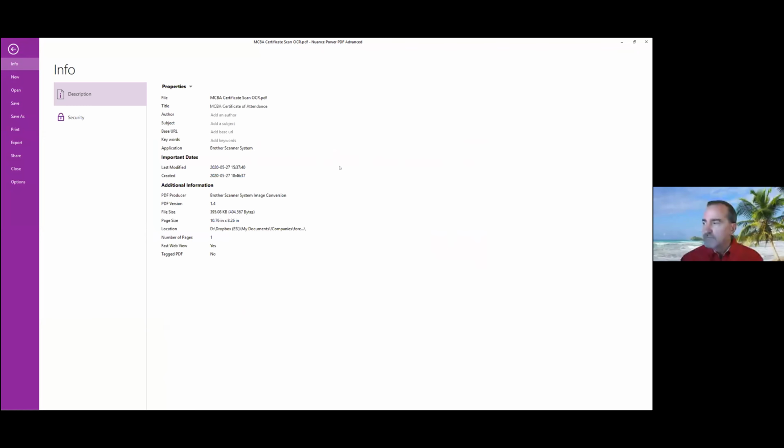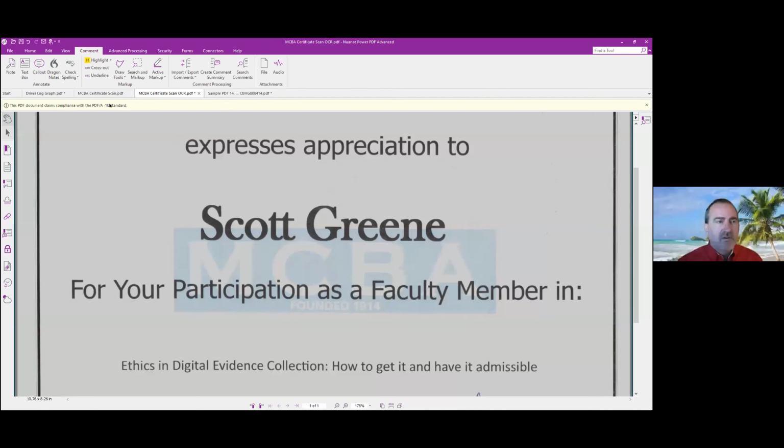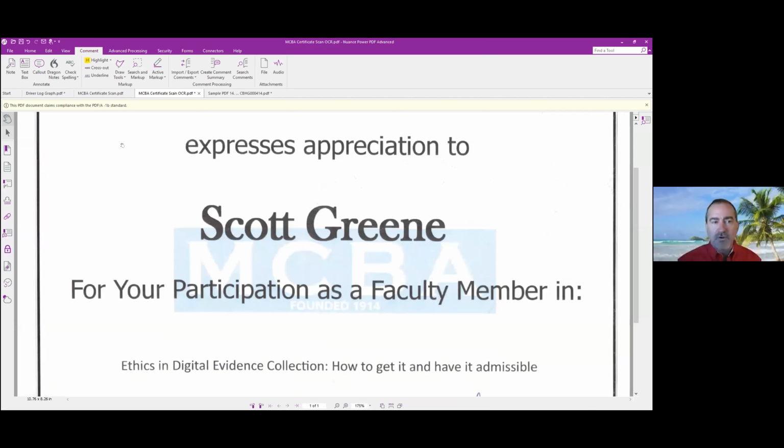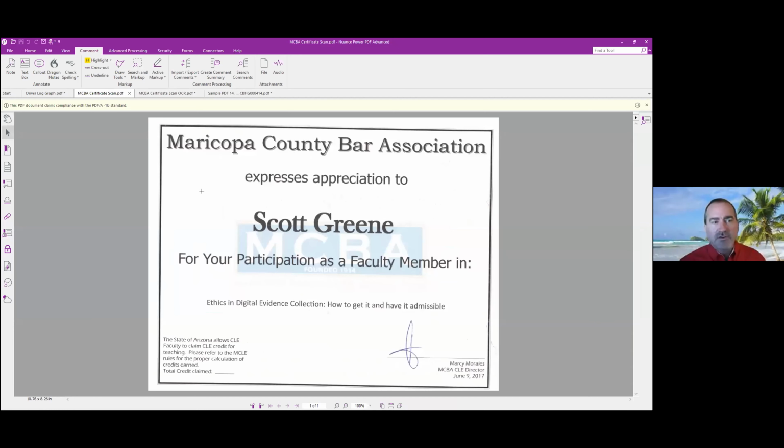Scott, can you explain again how you can tell if a document has been OCR'd? The way you can tell is that you can actually select the text. If I look at this original that has not been OCR'd and I use the pointer mouse, I don't get a bar. I can select this, but it's actually an image.